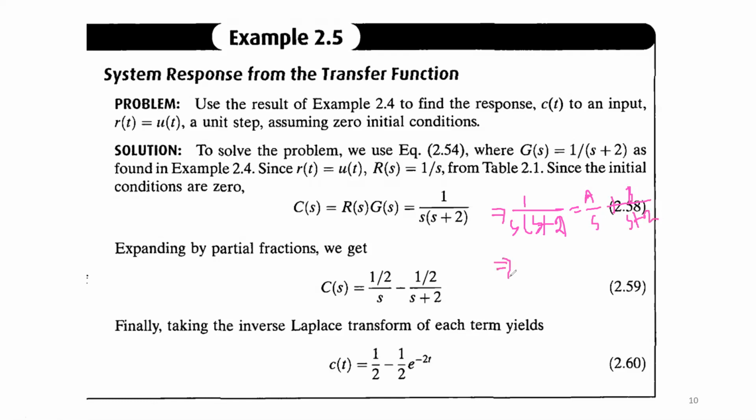Now do the math. A into s plus 2 plus B into s. If you put s equal to 0, then it becomes A into 2 is 1, or A is equal to half.